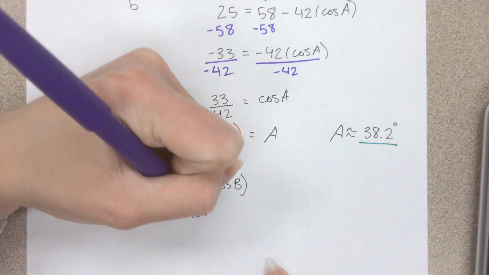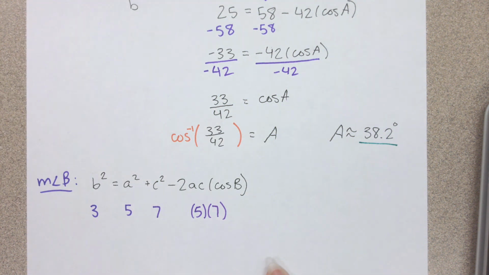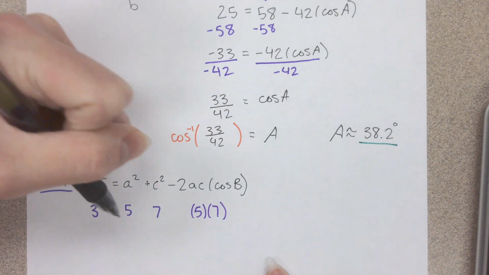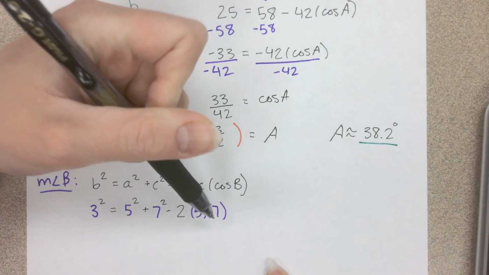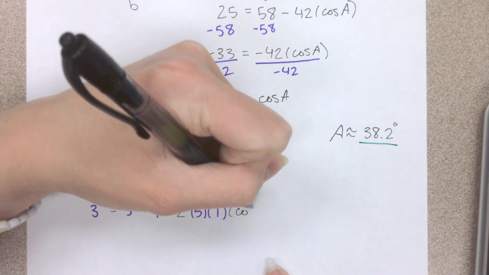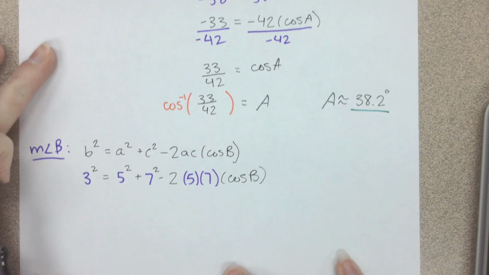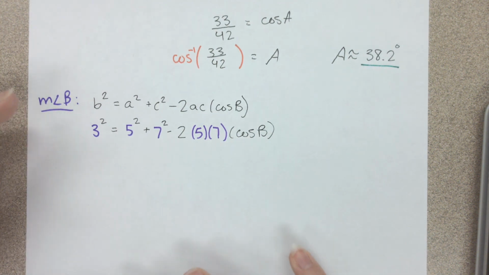Then we have 3 squared equals 5 squared plus 7 squared minus 2 times 5 times 7 cosine of B. I'll condense the steps a little bit this time.